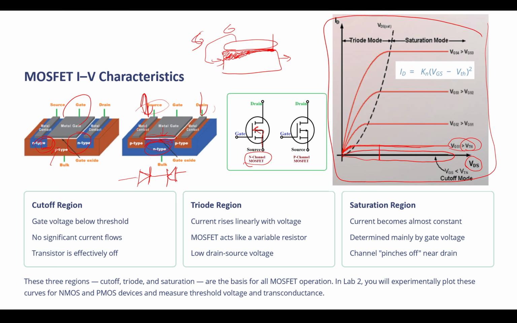When I exit the cutoff region, or meet that threshold, now I have a channel to conduct the charges. Now I can have the current based on the VDS. The part where the current is dependent on the voltage between drain and source, meaning we are not saturating the channel yet, we call the triode mode.